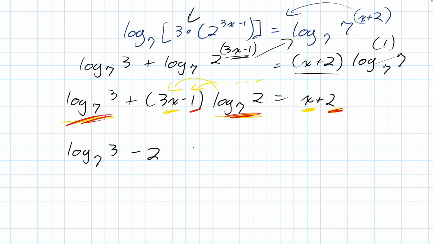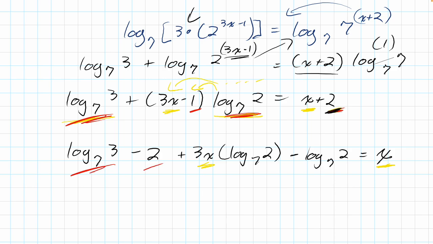So it will be 3x times log base 7 of 2, plus, sorry, that should be a plus there, and then minus, and when I multiply log base 7 of 2 times 1, it just stays as is. So log base 7 of 2 is equal to, and I already brought the 2 over from this side, so we're going to be left with just the x.